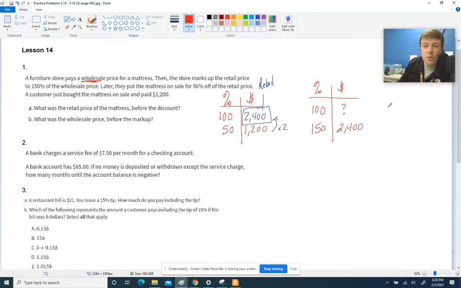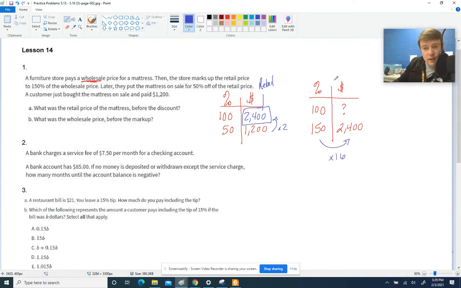I think this particular one, you can use a calculator on. Just to make this a little faster for the video, I'm dividing 2,400 by 150. That's how I'm doing this fairly quickly. This is times by 16.